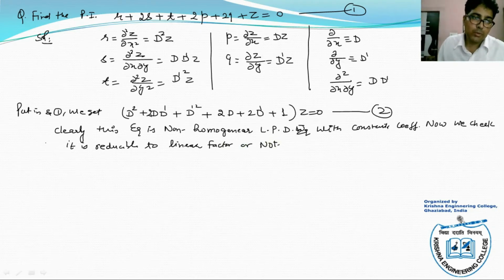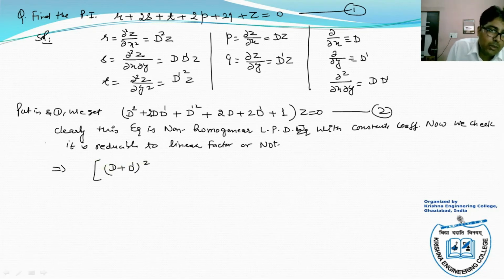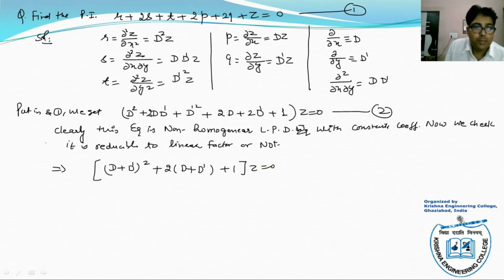Now for checking reducibility to linear factor, factorize this equation. This equation becomes D square plus 2D D dash plus D dash square, this is the D plus D dash to the whole power 2, plus, taking 2 common, 2 times D plus D dash, plus 1, z is equal to 0, right?